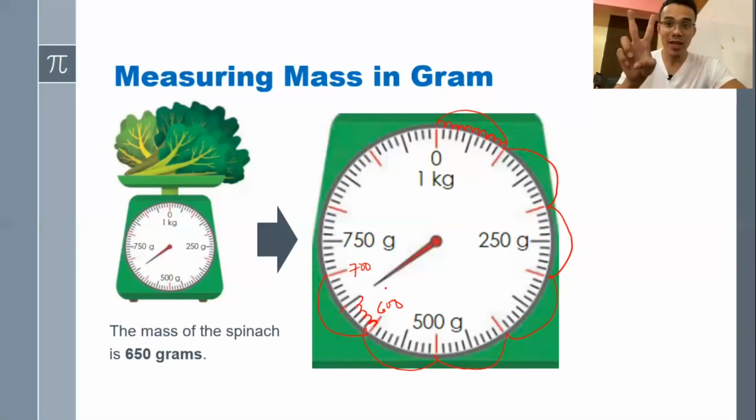These are the two things that you're going to consider, grade 2, when measuring and reading mass of objects in grams. The first one is, take note that every red mark counts 100 grams. Second one, take note that every black mark counts 10 grams.